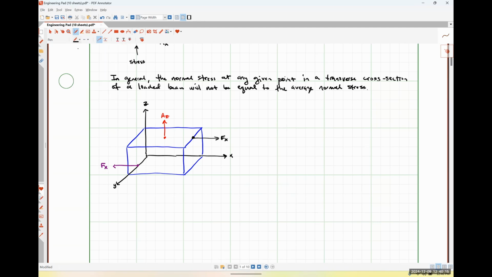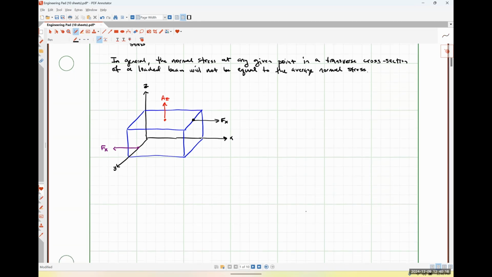This situation is illustrating shearing force, where we define the average shearing stress as the magnitude of the applied force to an in-plane cross-sectional area.